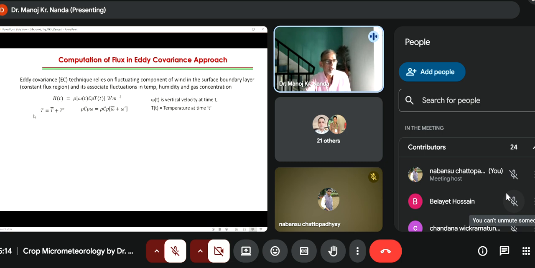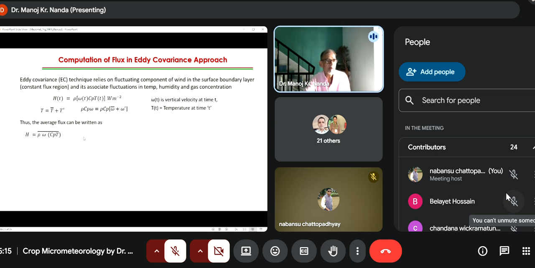Now, if you take this T in terms of average plus deviation, the instantaneous value is always the average value plus the deviation. So if you resolve it this way, T is T bar, that is your average value, plus T dash, the fluctuation. Similarly, in the case of omega also, omega bar and omega dash.